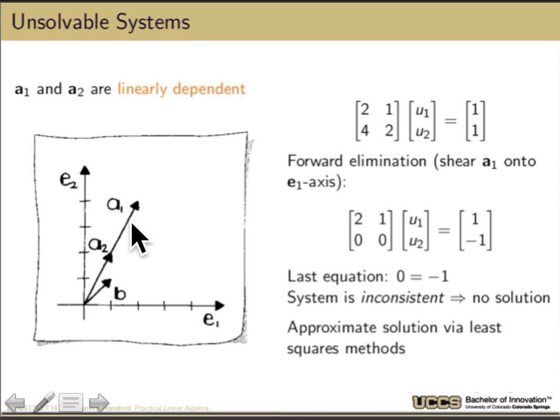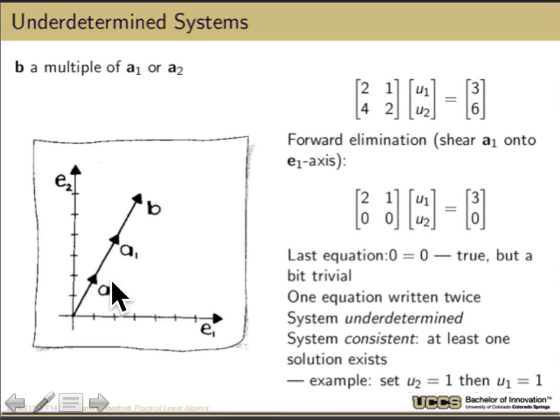And it's actually sort of easy to see that graphically as well. If I take any linear combination of these two vectors, I will stay on this line forever. No combination of those vectors can give me B, which is not on that line. It also gives you an idea why we can have an underdetermined system. If I have all 3 of A1, A2, and B all on the same line, so they're all parallel, then when I go to shear it down, the last equation, 0 equals 0, will be true always.